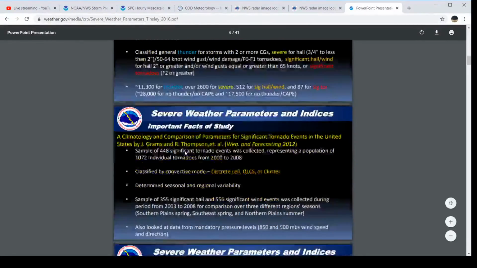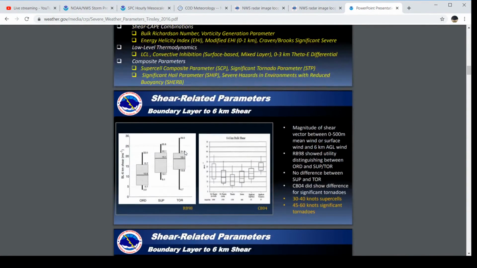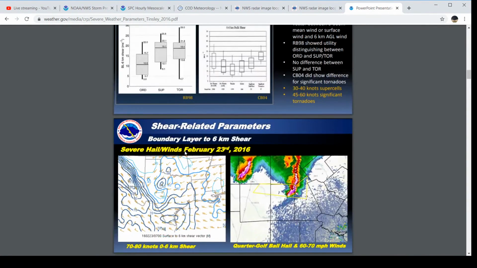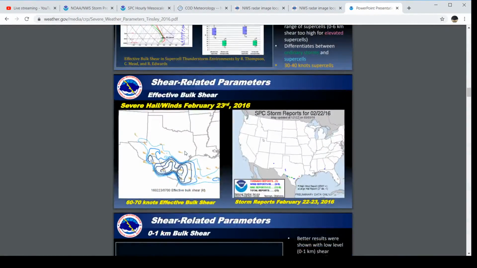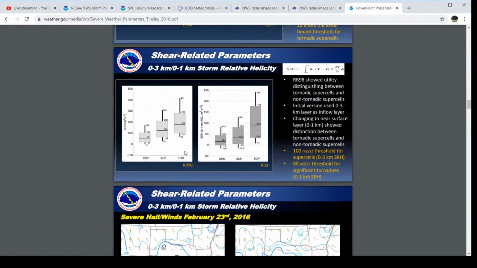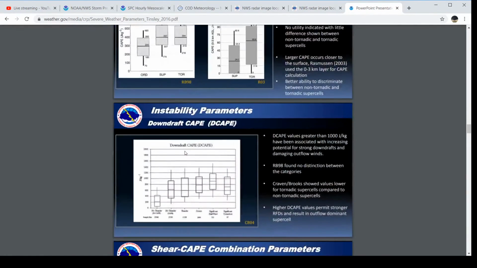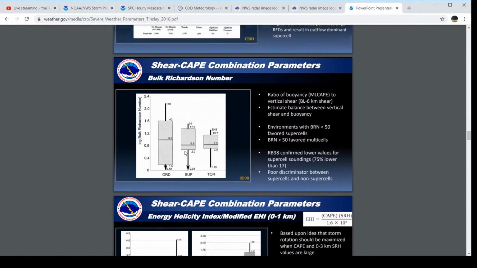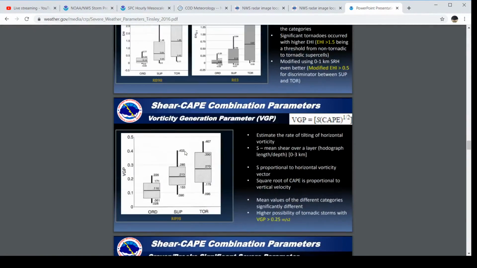Okay, let's see if I can find it. Okay, that's 0.6. This is effective bulk shear, severe hail. Bulk shear, 0.3 kilometers. Down drift CAPE. Hey, this is even better right here.